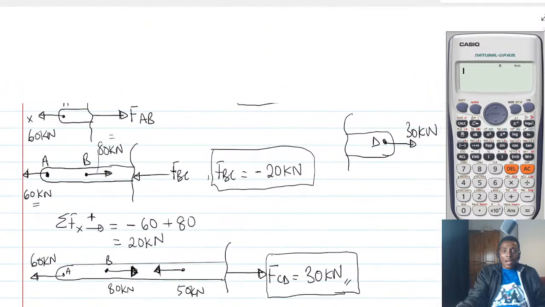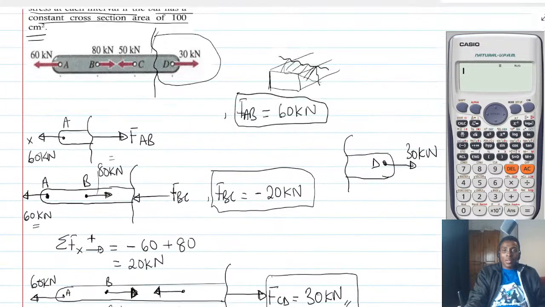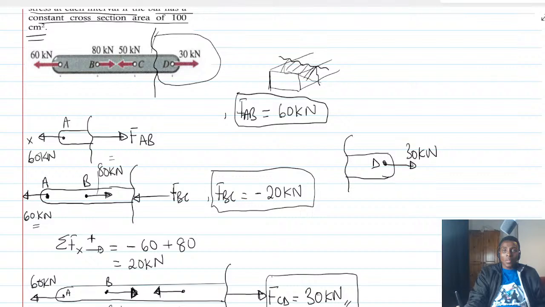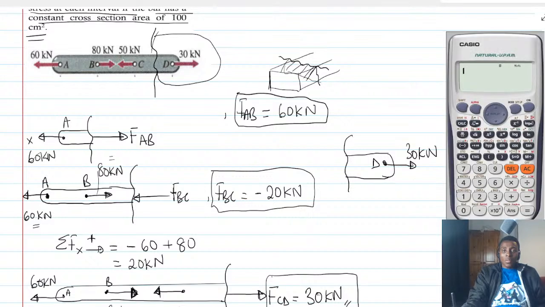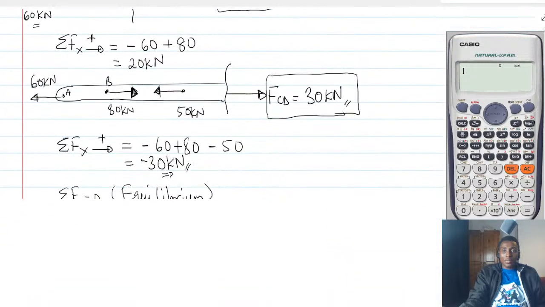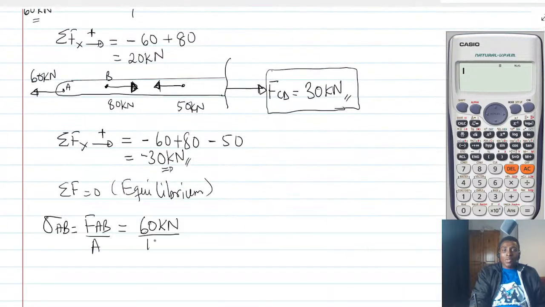And what is the area? So the area is 100 centimeters squared. So it's going to be 60 times 10 to the power 3, divided by 100 times 10 to the power minus 4.